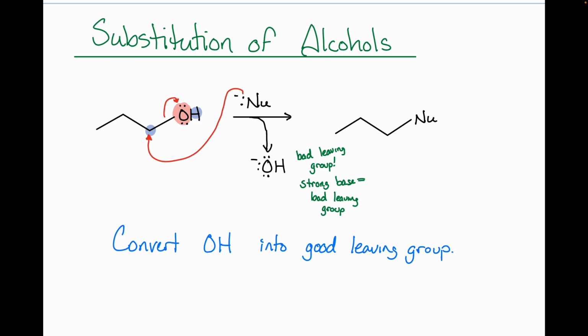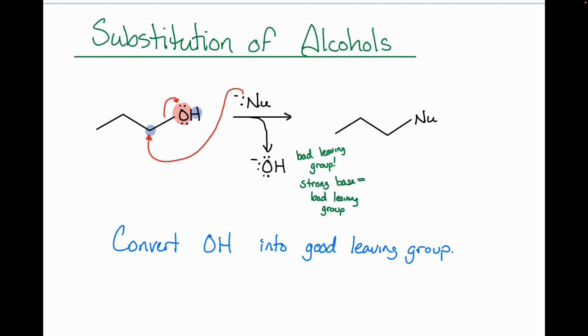And then we can add in our nucleophile and get our substitution reaction. So when we're substituting alcohols, really we're going to swap out that OH group for a better leaving group, and then we can do our substitution reactions.